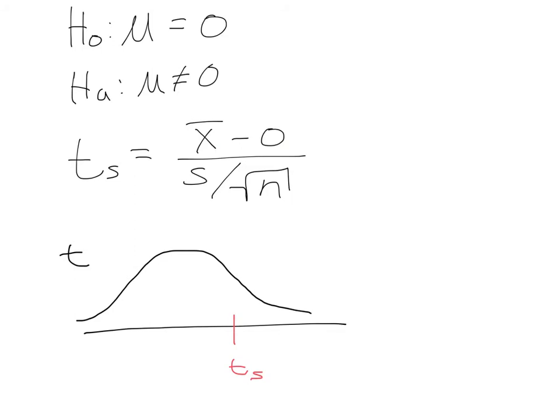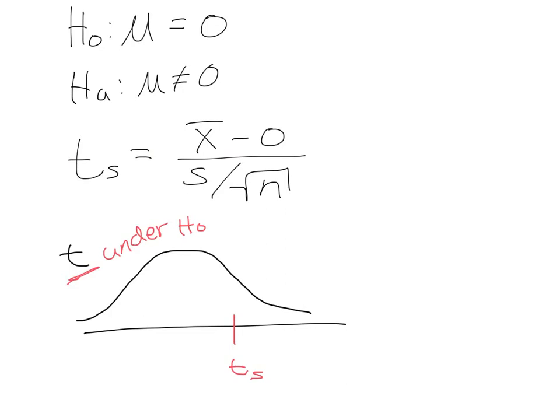The p-value is the probability that the test statistic is at least as extreme as the observed test statistic under the assumption that the null hypothesis is true. So this is the t-distribution under the assumption that the null is true, under H0.